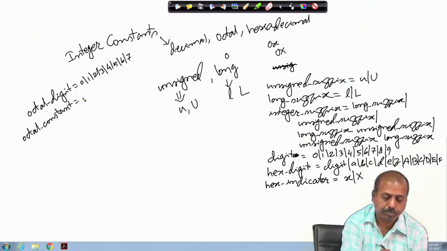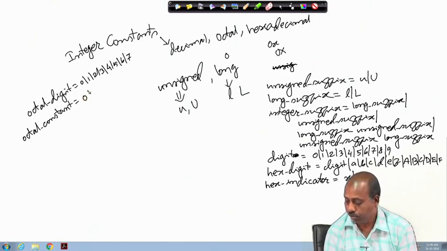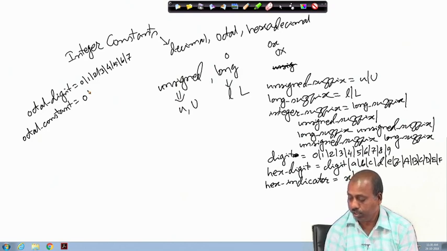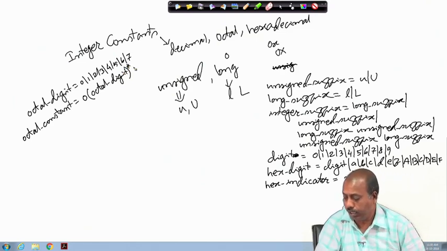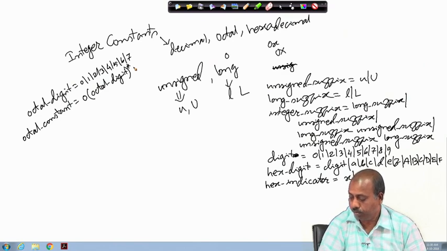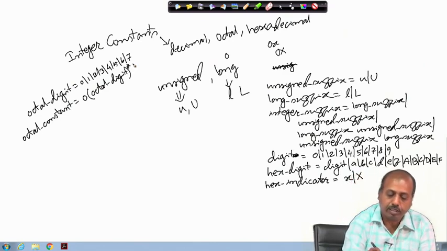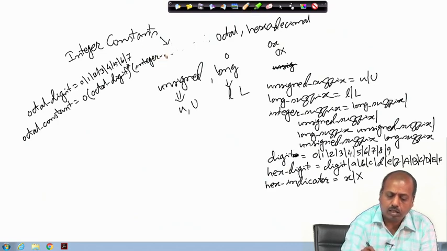Octal constant should start with a 0, then any number of octal digits can come, octal digit star, and then I can have some integer suffix or epsilon.